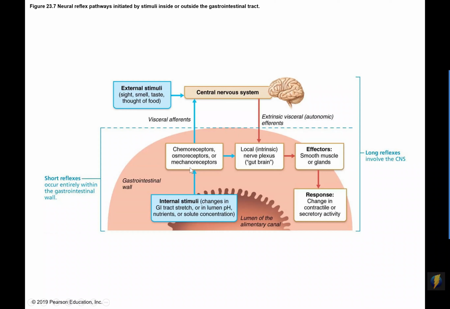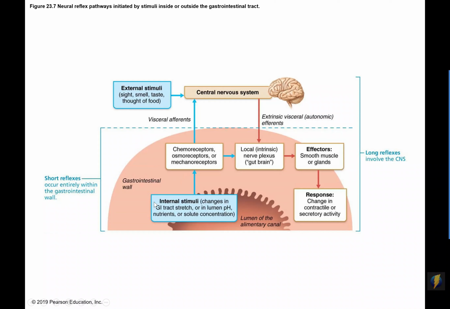If these receptors talk to the central nervous system, then we are involving a long reflex. If the receptors talk to the gut brain, then that's a short reflex. Now, very often it's all of the above.